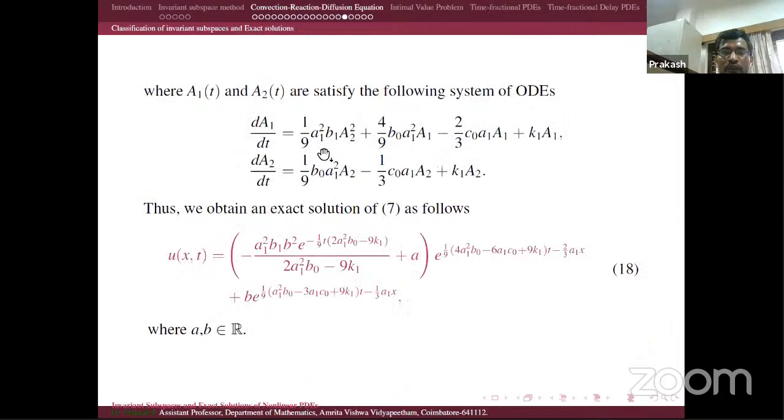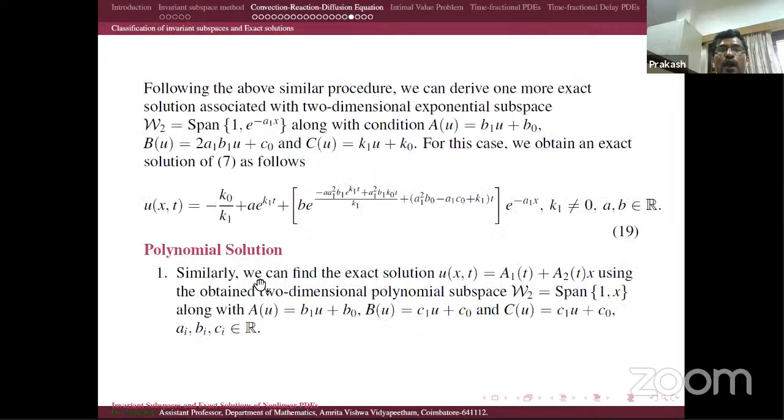Solving this system, we obtain the exact solution in this form. Similarly, we can derive another exact solution using the two-dimensional exponential subspaces. For this case, we obtain this exact solution.